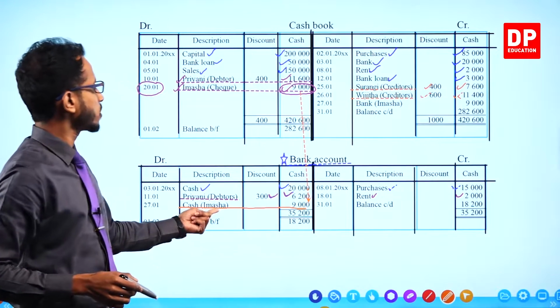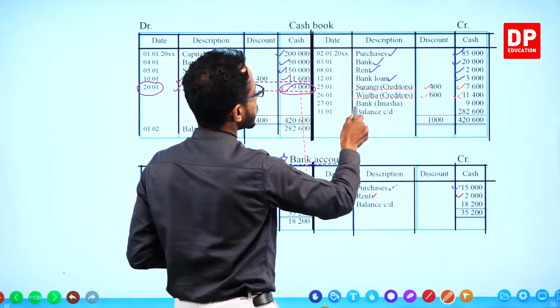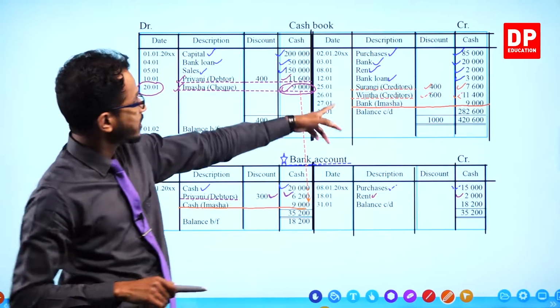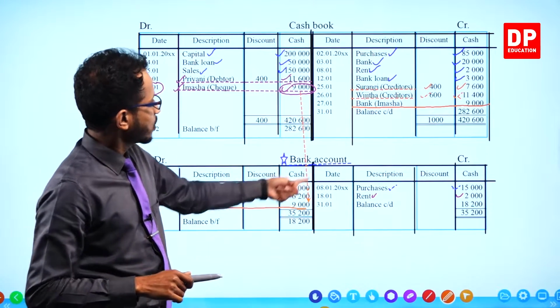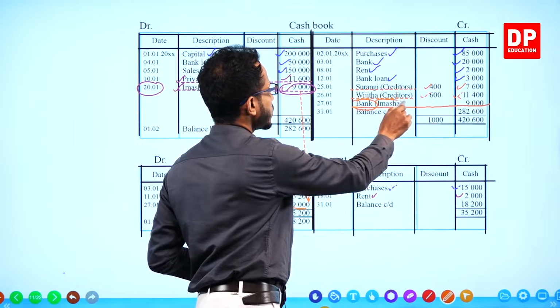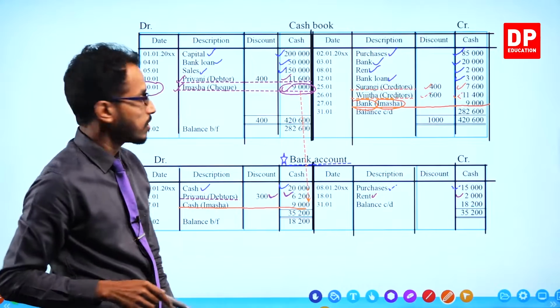Saying cash, Imasha, and credited to cash, saying bank, Imasha. Because you put the check to the bank, you have to write bank for the description, and because the check is Imasha's check, you have to write Imasha also.